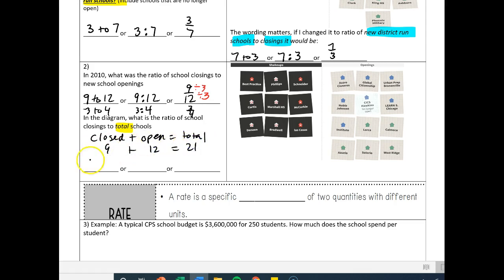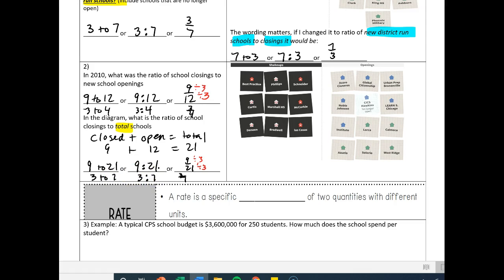So my ratio of schools that closed is 9 to 21, or 9:21, or 9 over 21. Now again, I got that fraction that I can simplify. You can use a calculator to help you out. 9/21 could be divided by 3, and so you get 3/7. So 3 to 7 or 3:7 are also correct answers.